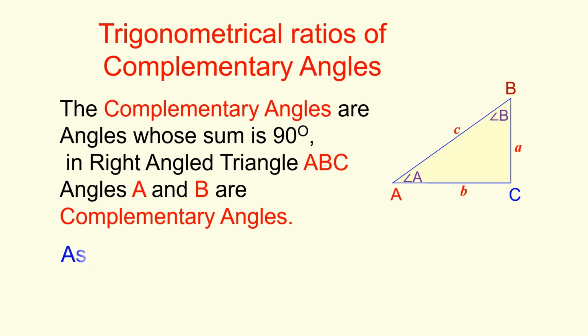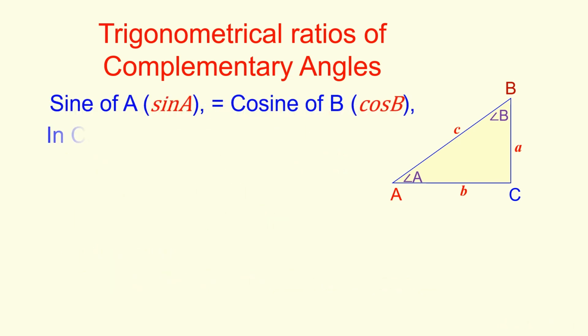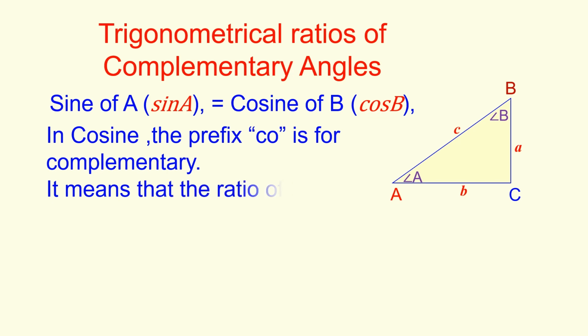In right-angled triangle ABC, angles A and B are complementary angles. As just seen, sine of A equals cosine of B. In cosine, the prefix co is for complementary.